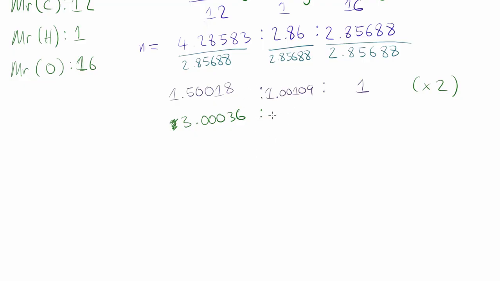In the middle here, we're going to get 2.00218, and here, well, if we multiply 1 by 2, what do we get? I don't think we need a supercomputer for that, but that would give us 2. Okay, so this now looks much different to how it looked before. Before we had literally a 1.5 in there. Now we have a 3, a 2, and a 2, right?